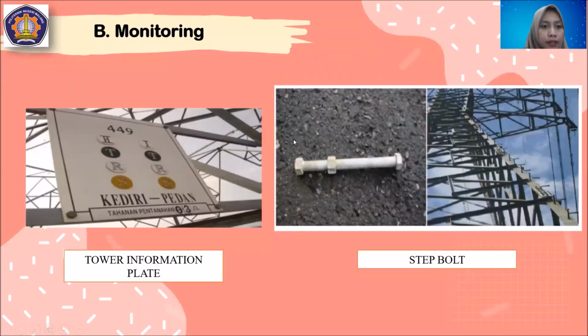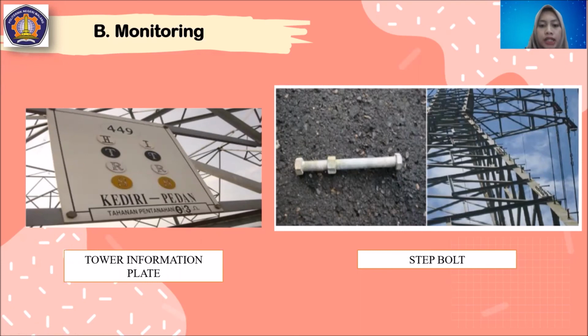Next, B, subsystem monitoring. In the subsystem monitoring, there are tower information plate, and then stairs. Tower information plate serves to provide information to maintenance personnel about the transmission line to be maintained or monitored. Stairs serve to make it easier for a visitor to climb the tower.